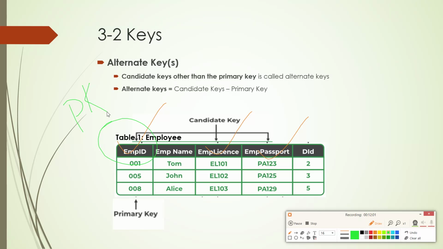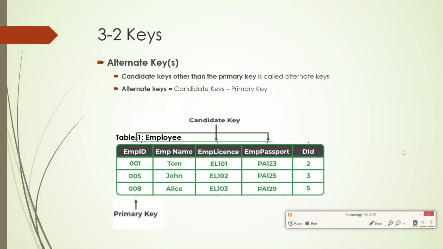So the remaining two, this one and this one, are the alternate keys for me. Now let's see other types of keys. So these two, employee license and employee passport, are my alternate keys.